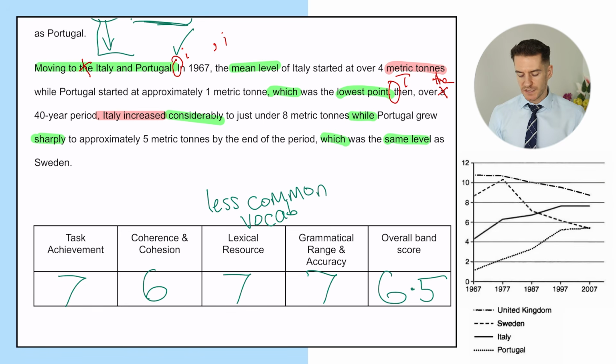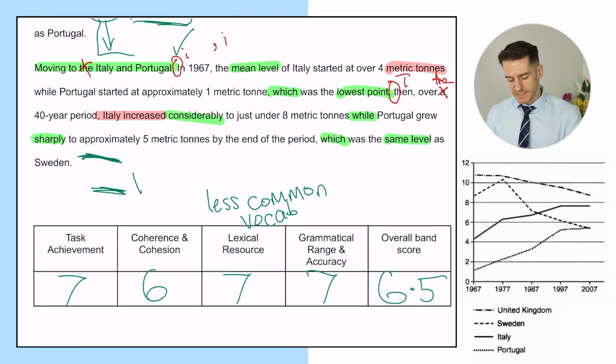I think to make sure they get a 7 next time, they really need to focus on their coherence and cohesion and try to make things join together in a nicer way. So what I mean by that is, just pretend you're talking about the highest figure. Okay, you're talking about this highest figure here. And then you talk about a lower figure.